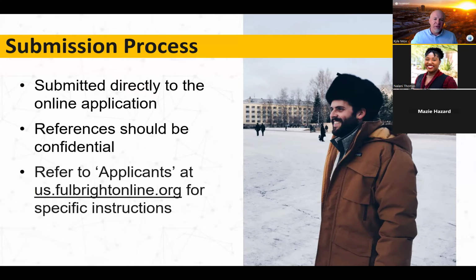They should remain confidential. And under the applicants tab in the U.S. Student website, there are pretty detailed instructions about how to enter these folks and what instructions they'll get. You can even access the instructions that they receive, so you can see a little bit more detail about how these things are done.